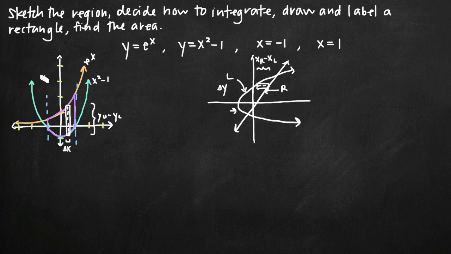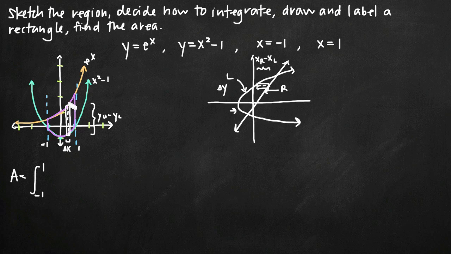So we've labeled our height and width, and now we want to find the area. Well, the area in the case of our problem here, the area will be the integral from a to b. So in our case, a and b are -1 and +1 here, because we have the left-hand side of our interval and the right-hand side of our interval. So we have from -1 to +1.